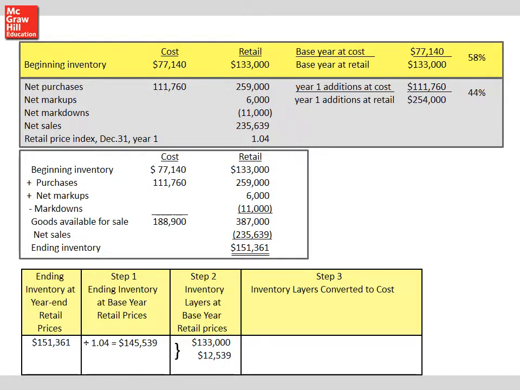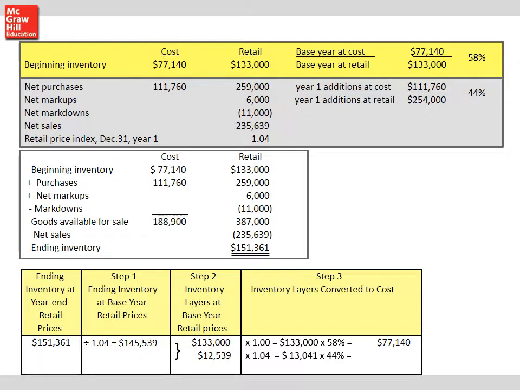Well, the 133,000, you multiply that by 1 and then 58%. 133,000, 1 is the base year, times 58%. Cost is 58% of retail in the beginning inventory, 77,140. Take the 12,539, multiply it by 1.04, the new layer added this year.